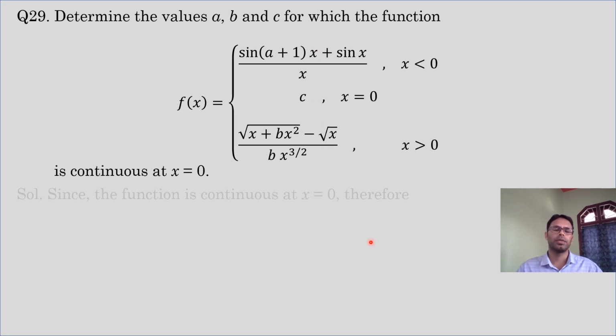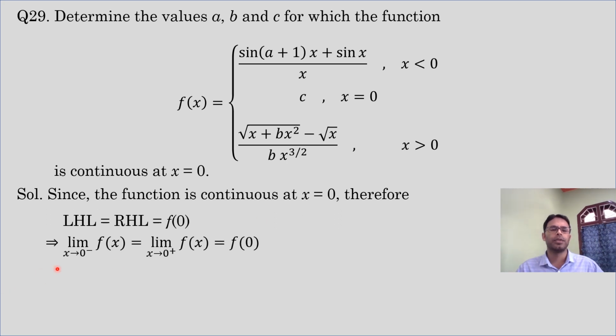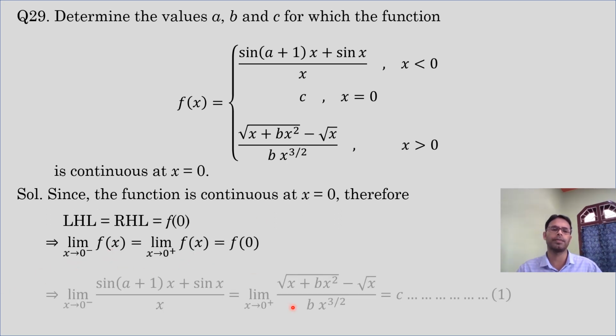definitions. So you write, since the function is continuous at x = 0, therefore the left hand limit is equal to the right hand limit is equal to f(0). f(0) means functional value. So the left hand limit is from this line, the right hand limit is from this line, and the function value is from this line. We write that: limit x tends to 0 minus f(x), x tends to 0 plus f(x), and f(0).